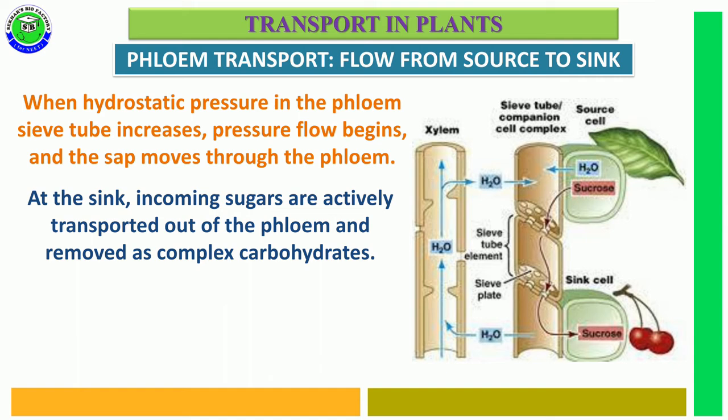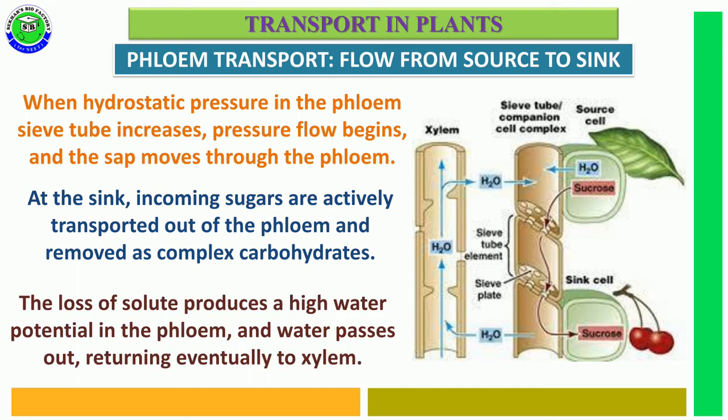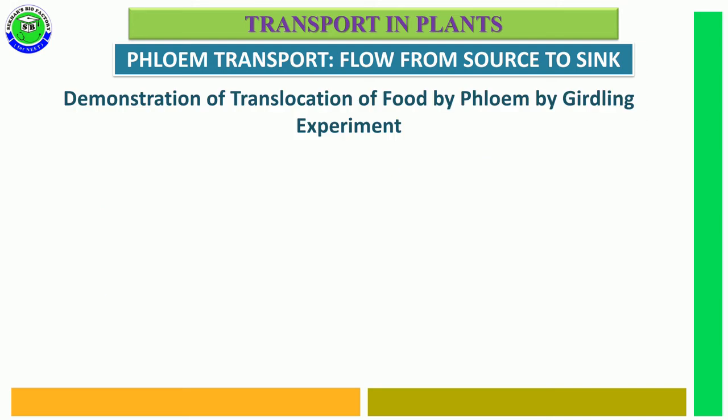At the sink, the incoming sugars from source are actively transported to outside of the cell, and due to removal of carbohydrates, the pressure decreases at the sink. So the loss of solute at the sink produces high water potential in phloem sap, so that water is again removed from phloem sap and returned eventually into xylem to create low pressure at the sink.